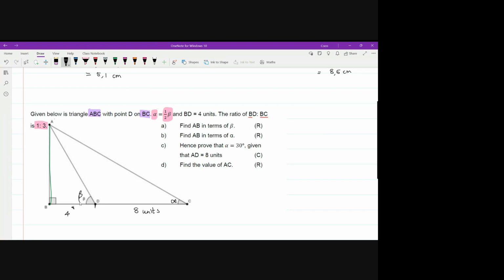I'm going to label in terms of my angle. This is my angle, this is my adjacent side, AB is my opposite side, and AD is my hypotenuse. At the moment, I've already got my adjacent side, and I'm looking for my opposite side. According to SOHCAHTOA, what am I using?